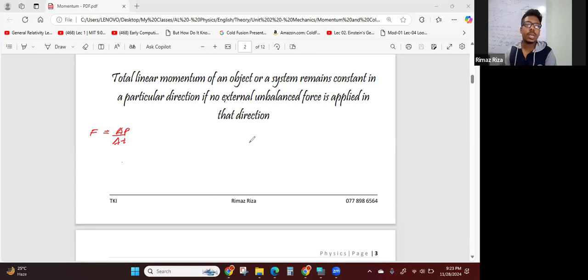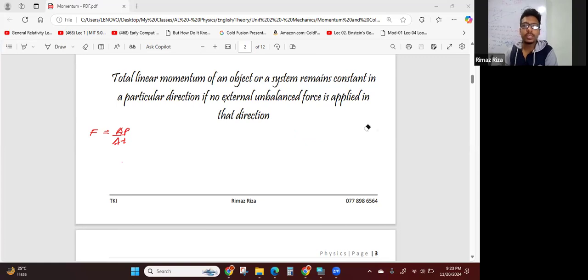Now, in your O levels and all, you may have studied that Newton's second law is F equals ma. That is true, but it's only for a specific condition. You can use the equation F equals ma only if the mass is constant. So this is only a special case when the mass is constant.